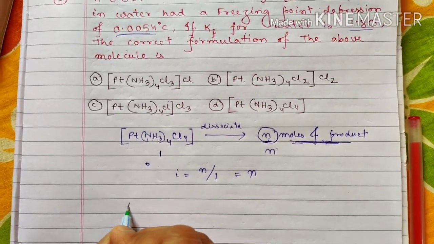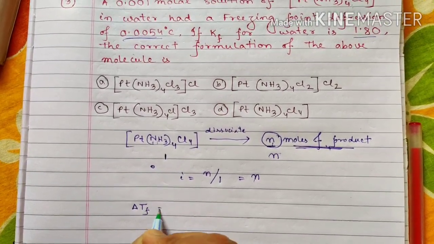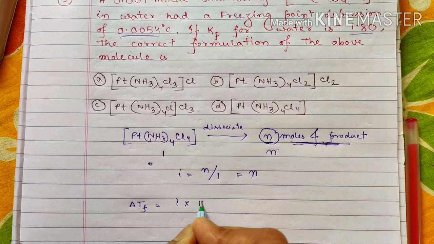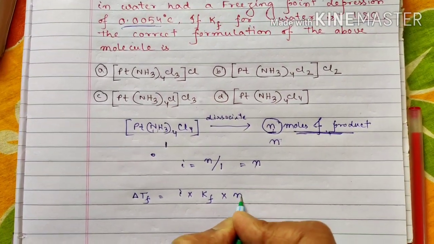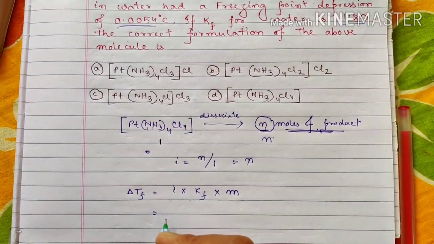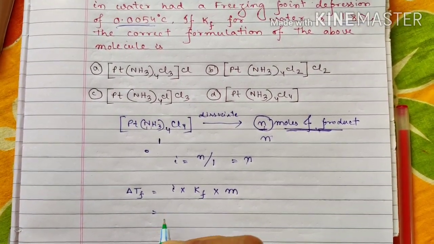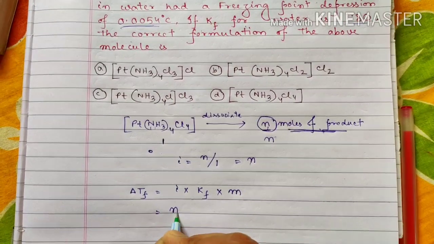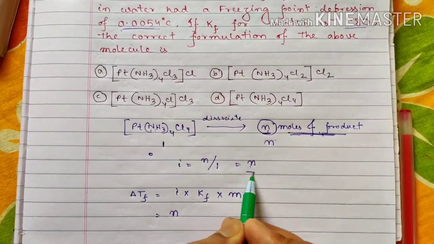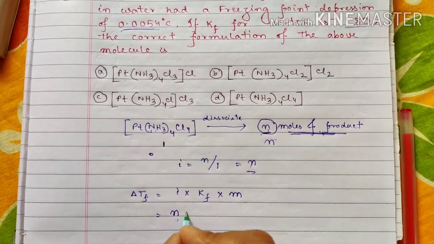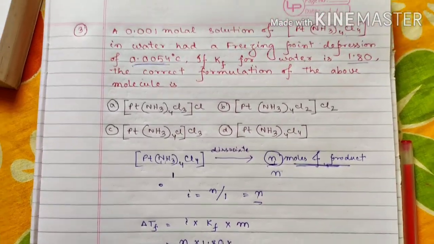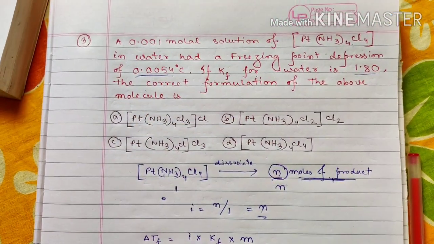Now, since it is a case of freezing point depression, delta Tf will be equal to i into Kf into m. The value of i here should be n. We don't know, so I have written n. Kf is given as 1.80, and in the question it is given 0.001 molal.